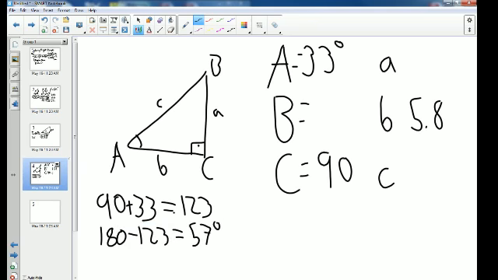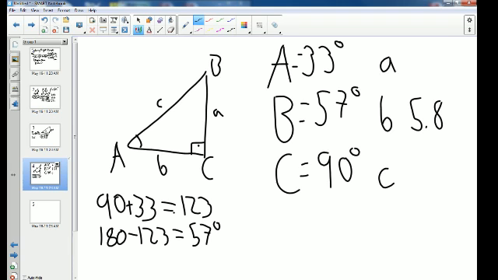That's 57 degrees. All right, and then to find the rest of these two sides, we just need to find one side, and then we can plug it into the Pythagorean theorem.